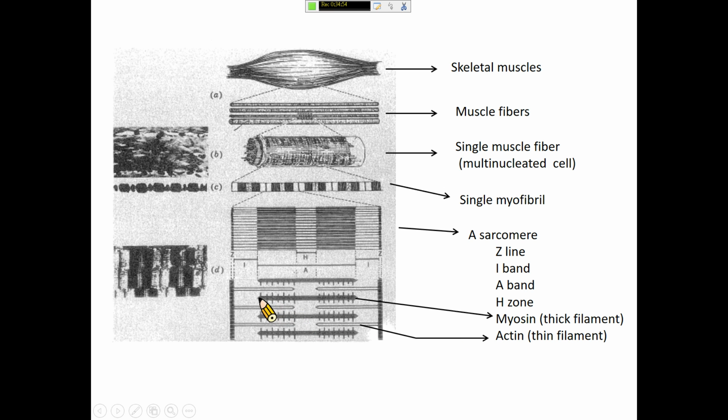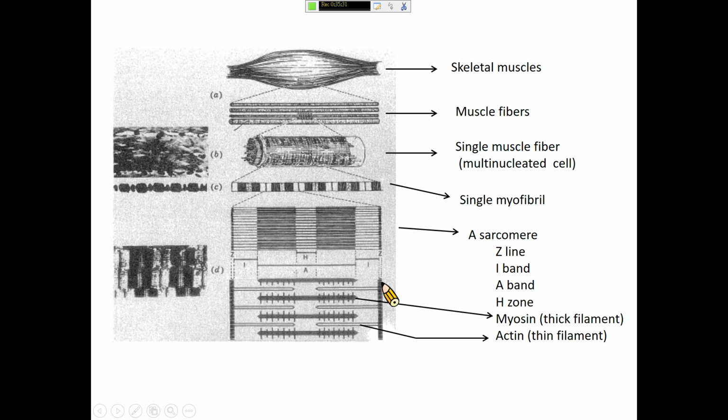Actually, on the surface of this thick filament, there's also something. In the microscope, they look like some tiny balls, very tiny balls on the surface. So the overlapping makes it darker. And this is one sarcomere.